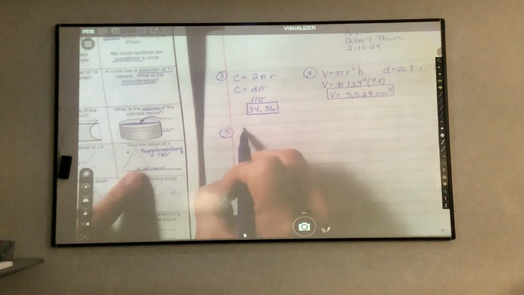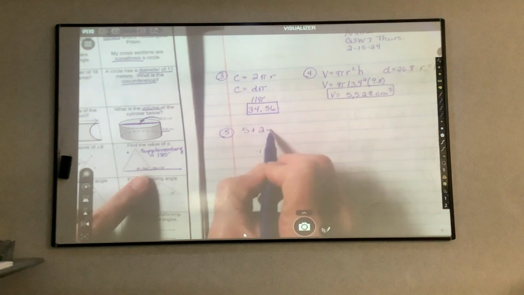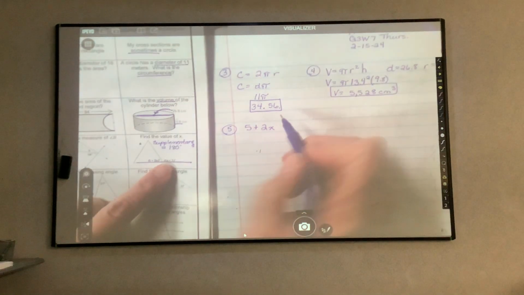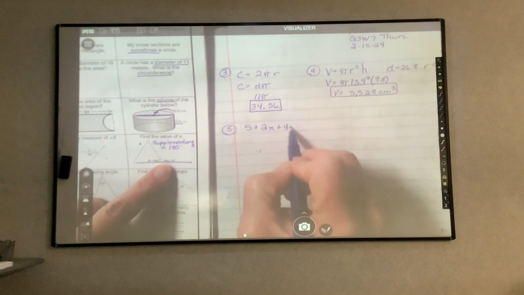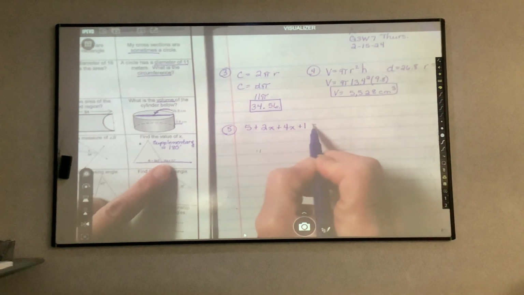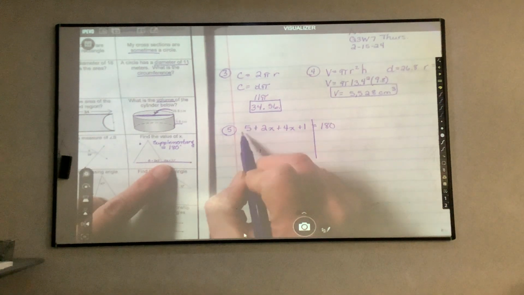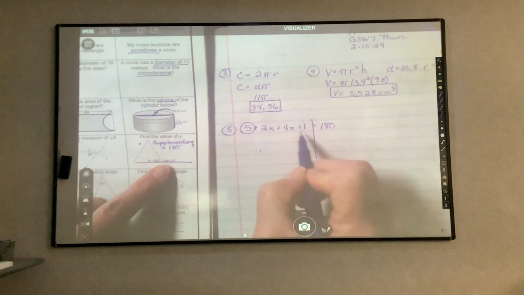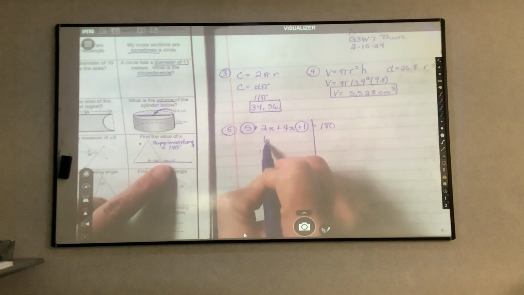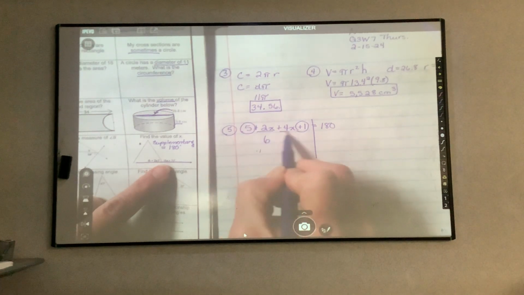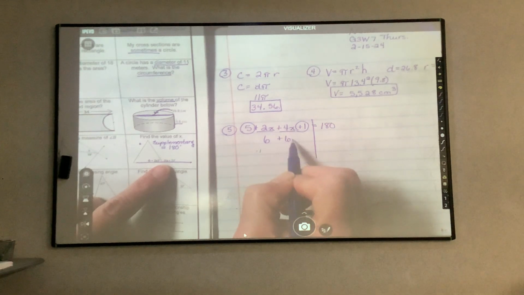So I've got 5 plus 2x plus 4x plus 1 equals 180. Combine your like terms. I've got a 5 and a 1 to make 6. 2x and 4x makes 6x.